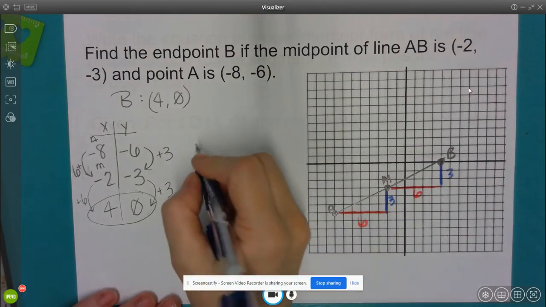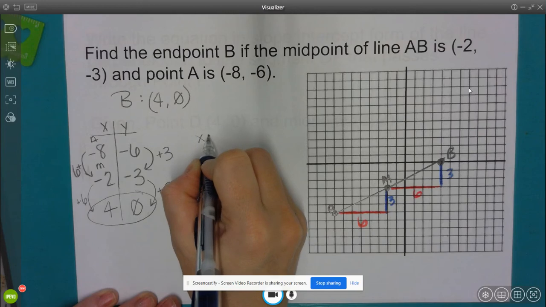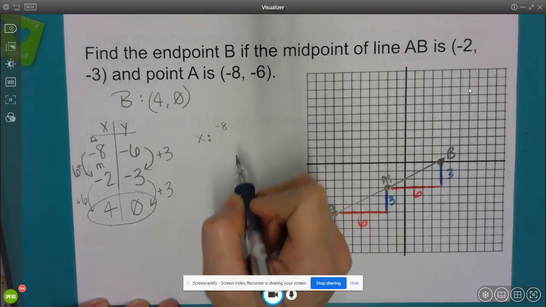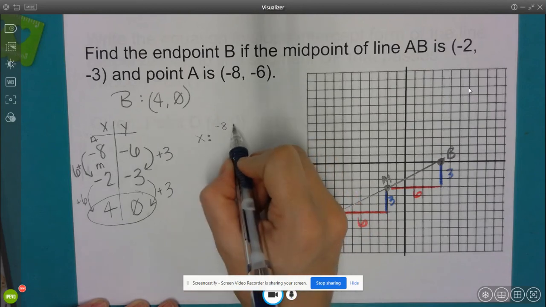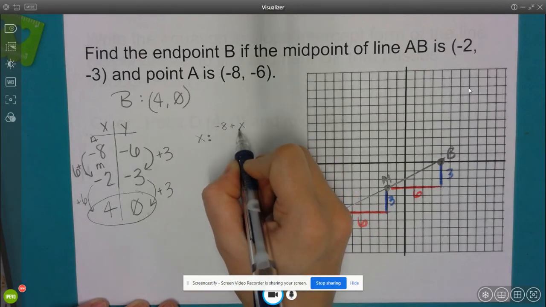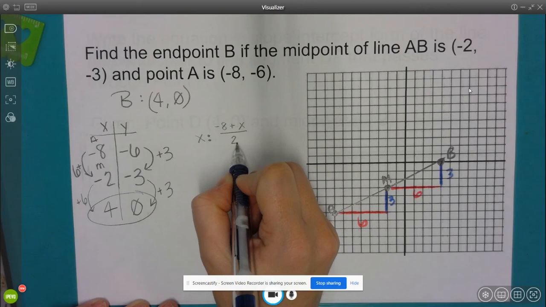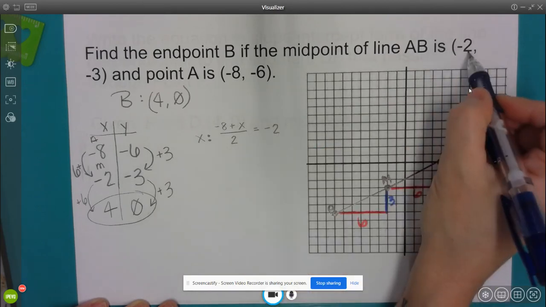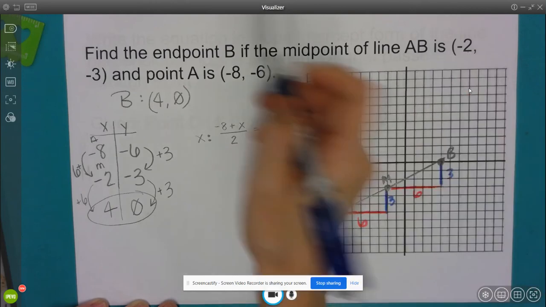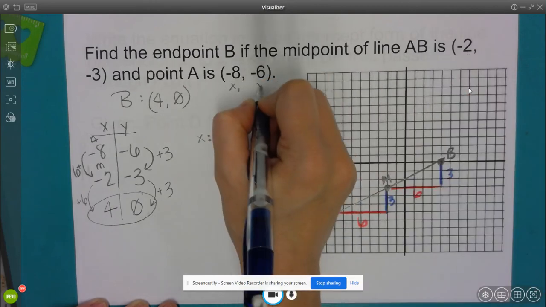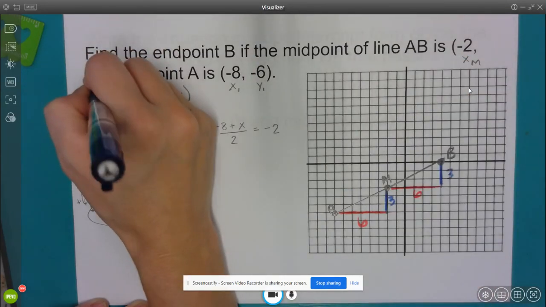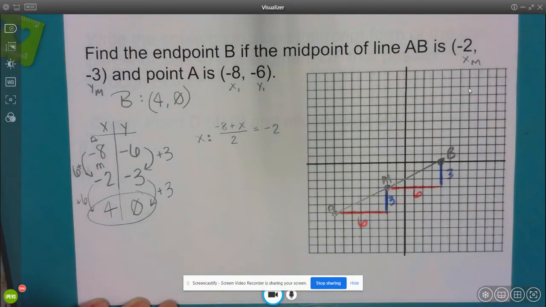The third way is using my formula. So if I want to find X, I know that one of my X values for my points is -8. I don't know the other one, but I know if I average them, I get -2 because that's my X value for the midpoint. So this is X1 and Y1, and this is X midpoint, Y midpoint.